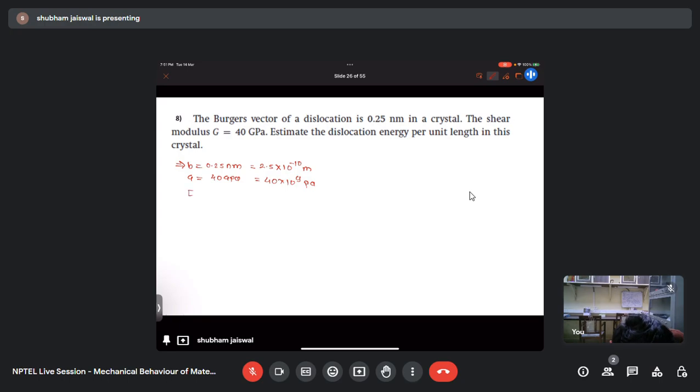They are asking us for E, the energy of this dislocation. We know the energy is given by alpha G B square. Here only alpha is not given, but we know alpha lies from 0.5 to 1.5. So assume alpha equal to 0.5 and try to solve this.